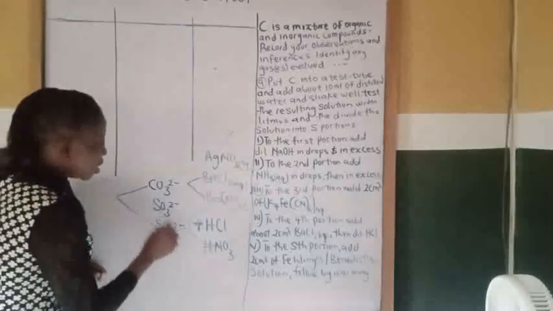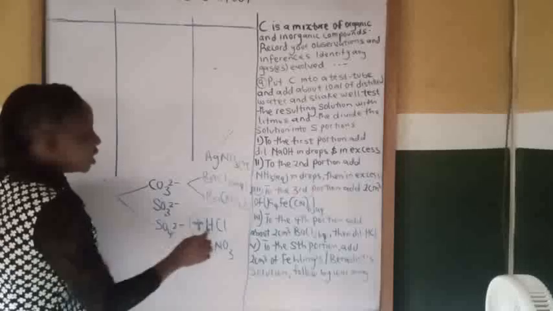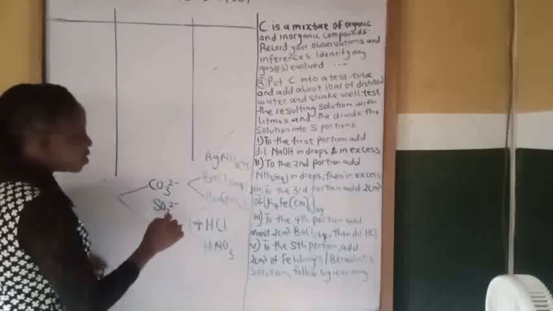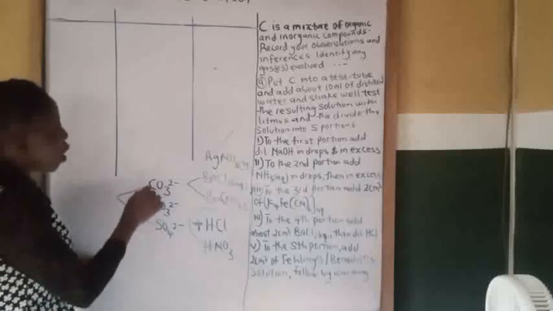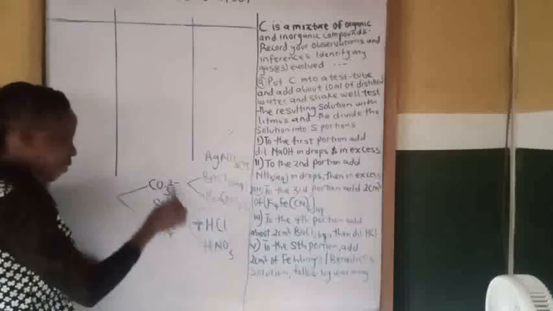Now, let me come back to this one again. After addition of barium chloride, they will give you a white precipitate.